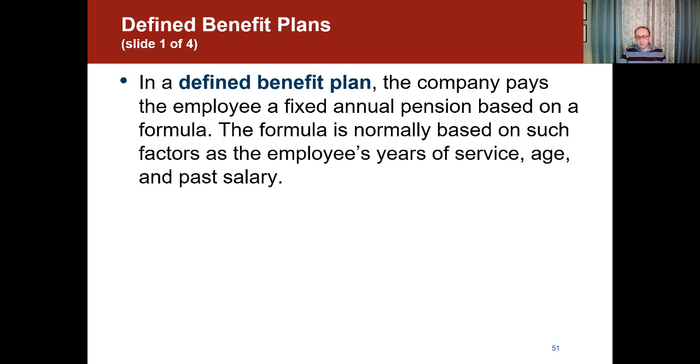So for the other method, which is the defined benefit plan, the company pays the employees a fixed annual pension based on a formula. The formula is normally based on some factors such as the employees' years of service, their age, their past salary, and having all these elements together, you can decide how much the pension is going to be for that employee.